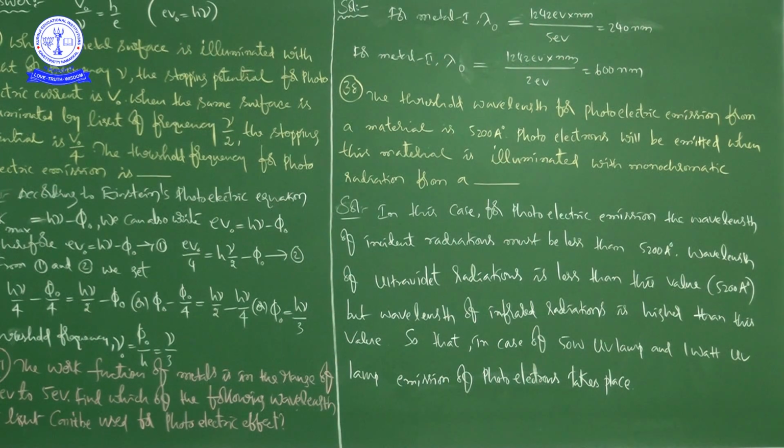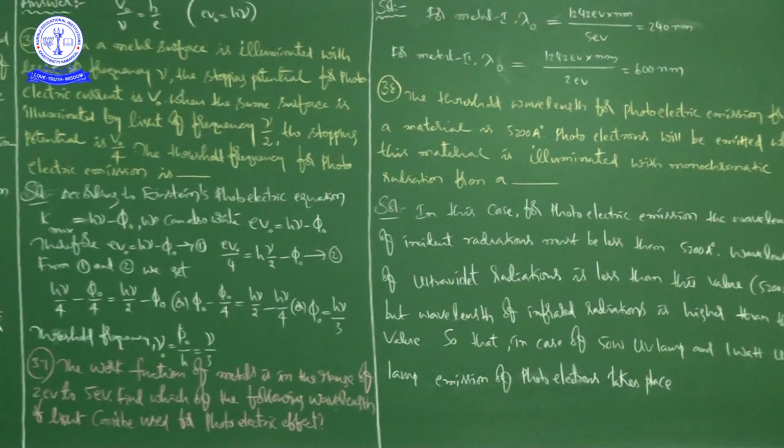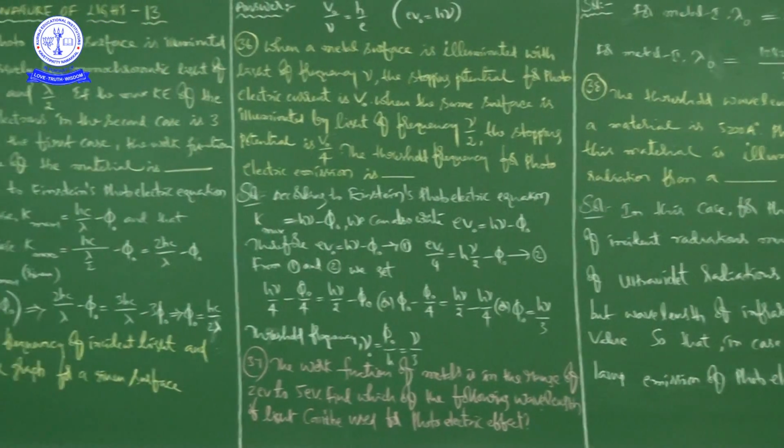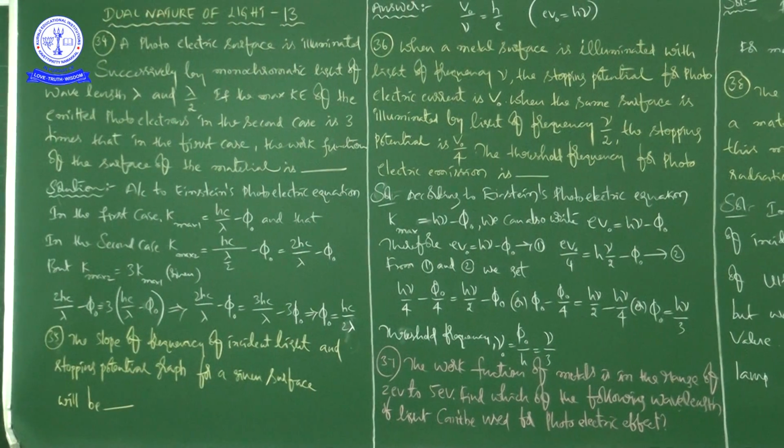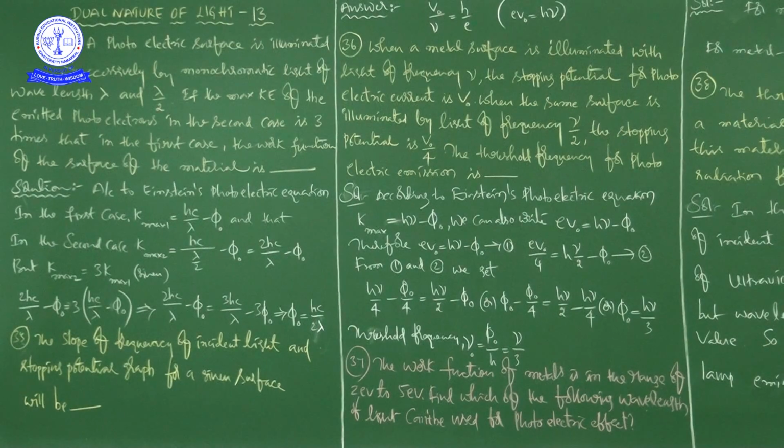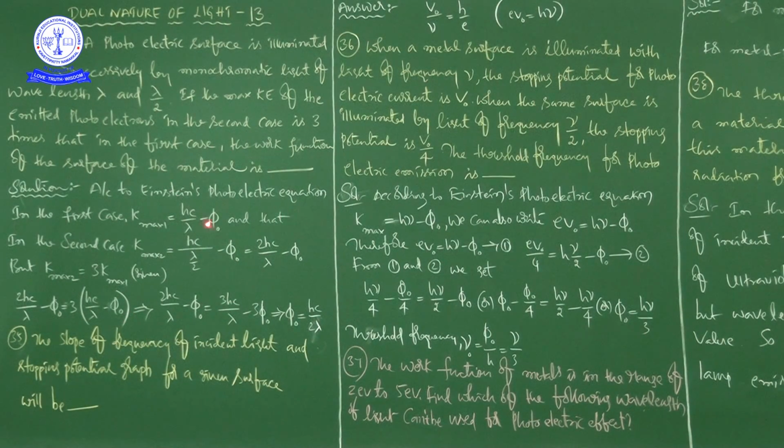Okay, so regarding this class, problems 34, 35, 36, 37 and 38. In the first problem, by giving a situation for one photoelectric surface with two different wavelengths of light, he is asking to find the work function.